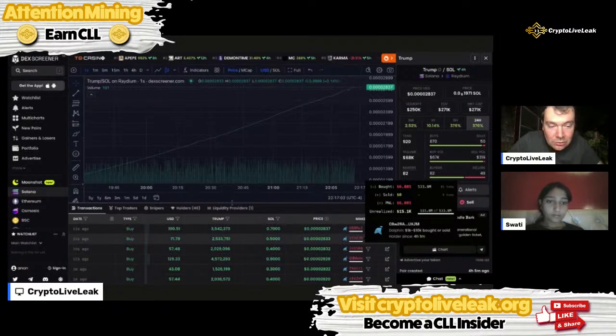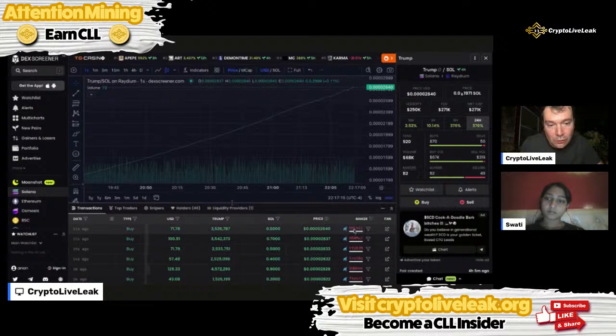So they have shrimps, whales, dolphins, all these different emoji symbols to identify how active someone is within this particular liquidity pool. If you're trying to do research on a particular address, you can hover over that address, click it, and it actually pops up with SolScan, which is the block explorer for Solana, and then you can dig into that particular wallet address's activity and do more research analysis on what's going on with that address holder.